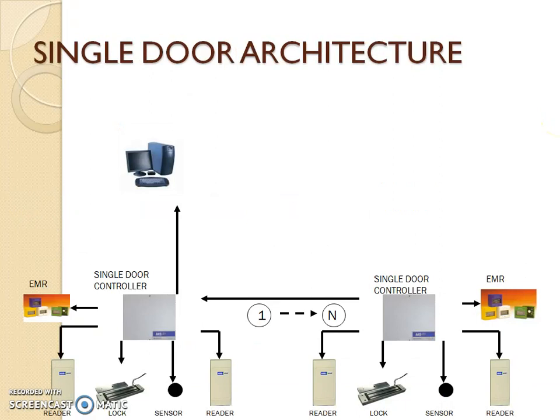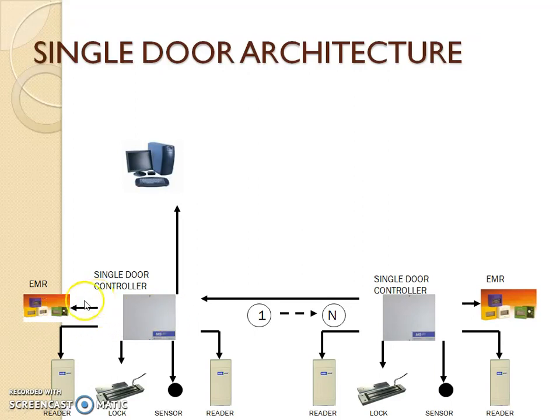Now let me give the difference between single door controller and multi-door controllers. In a single door controller, you can see the controller is connected to a single door. So whatever devices are connected to this single door are being controlled by this controller.